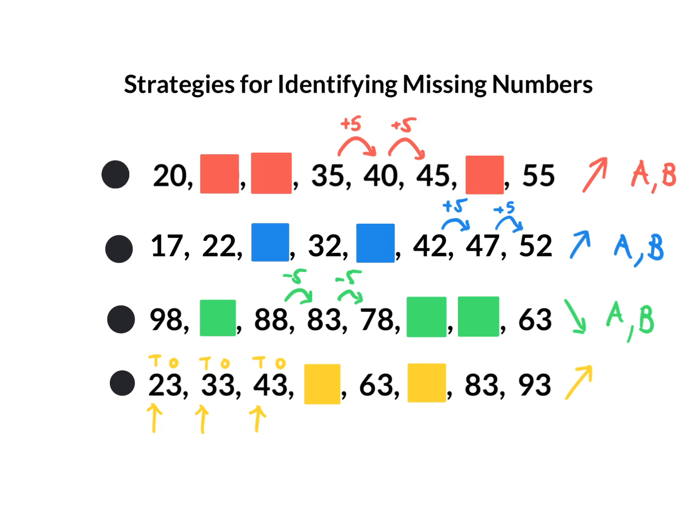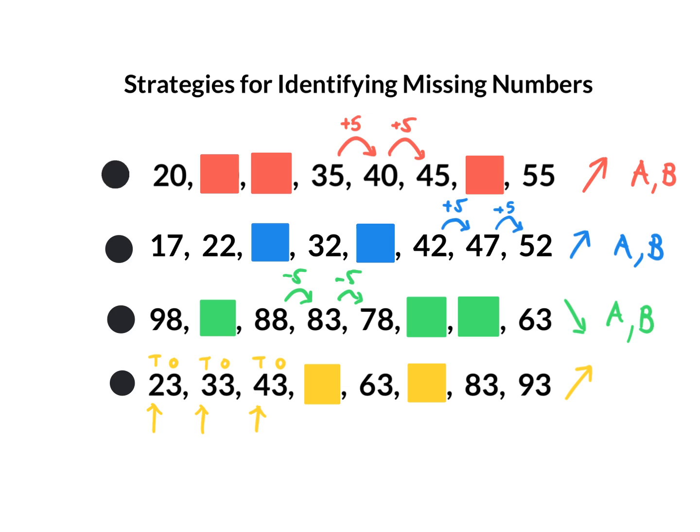In my green number string, I can see that the numbers are actually decreasing this time. This is the first pattern that we've seen in this example video of a number pattern that's decreasing. So it goes 98, 88, 83, 78, and then a couple of missing numbers and 63. Once again, I go to the ones column of each of my numbers and I can see that the number changes from 8, 3, 8, which gives me an idea that it might be an A-B pattern looking at 5s. 88, 83, 78.